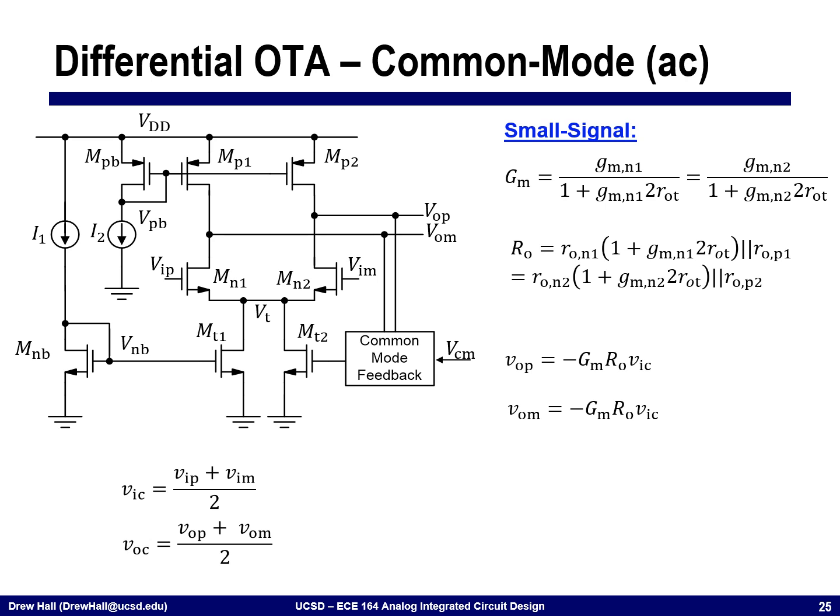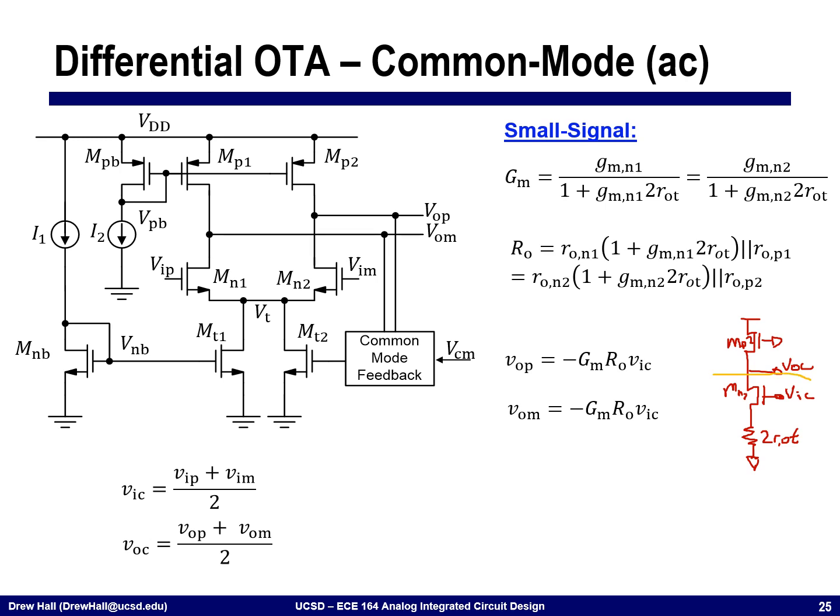Instead of just a common source amplifier, and then here I have the tail resistance, where in order to split this up, I need to make this 2 ROT.